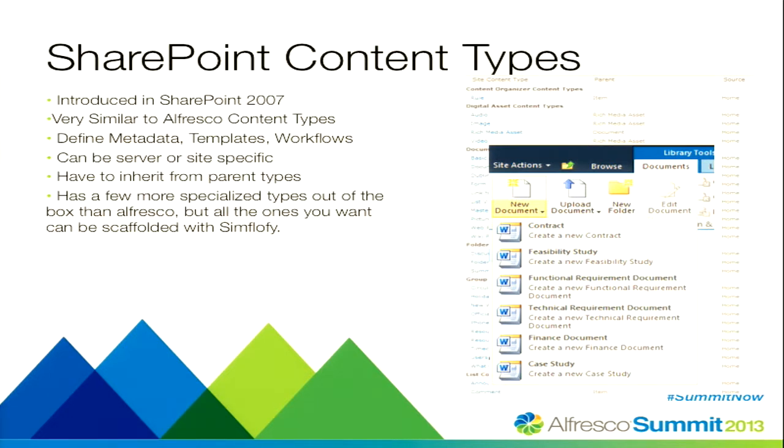Now, the problem with this, of course, is that if you have 5,000 sites and you've allowed users to create their own content types, you're going to have a bunch of duplicates: a lot of duplicate metadata, a lot of duplicate fields, sometimes a lot of duplicate types. So when you go to Alfresco, you're going to make sure you collapse that down into whatever you really want your model to be.